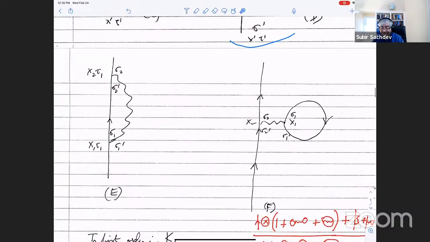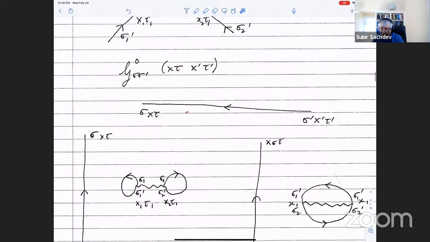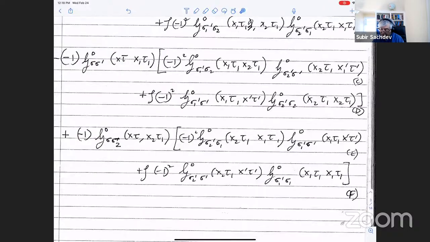And in space-time, the term E is these G's with complicated space-time dependencies, and all of these G naughts depend on the difference of the space-time positions. So we're going to use that to our advantage, the fact that they only depend on the difference of the space-time coordinates, and do the Fourier transform.